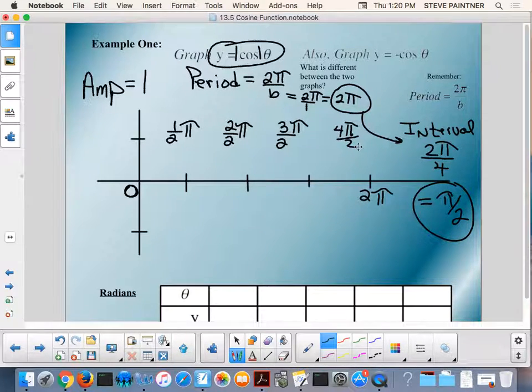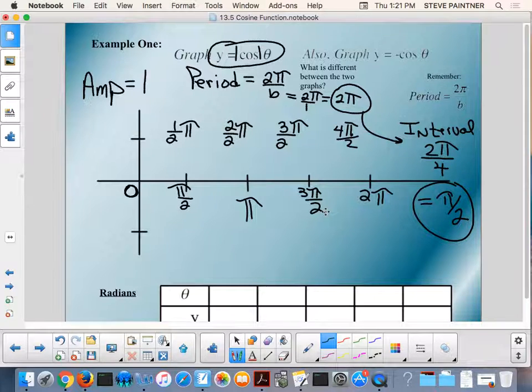So what I was doing is counting by halves, just so you could get used to this. 1/2, 2/2, 3/2, 4/2. Which ones are reducible? Yeah, what's this? Pi. And this one? 2 pi, got it. These other ones are not reducible, so I'll just say pi over 2 and 3 pi over 2, right? There you go. Your intervals are on paper.